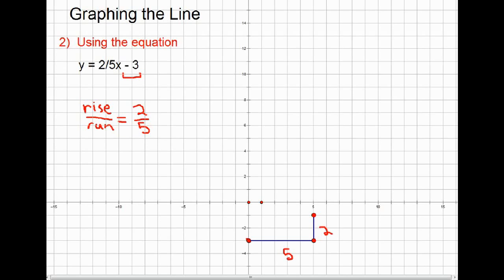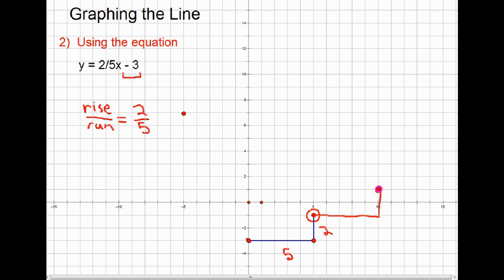And so this point here, that's the next point on our line. And I can continue. If I go 5 over and 2 up, that's my run of 5 and my rise of 2. There's my next coordinate.